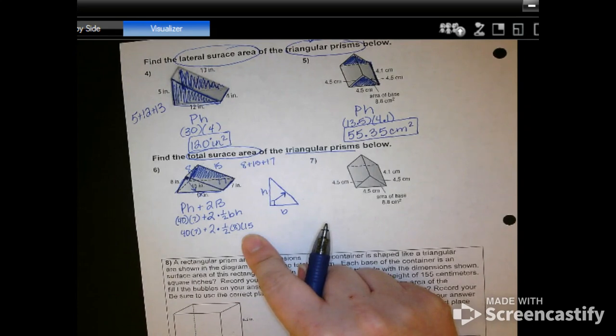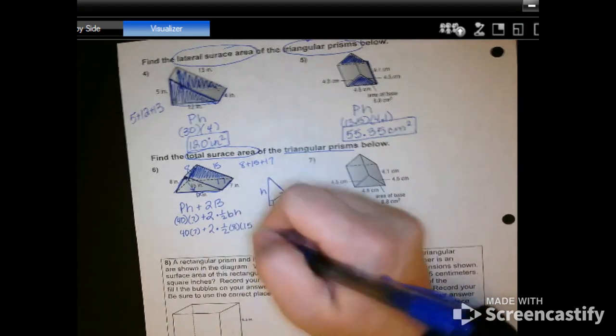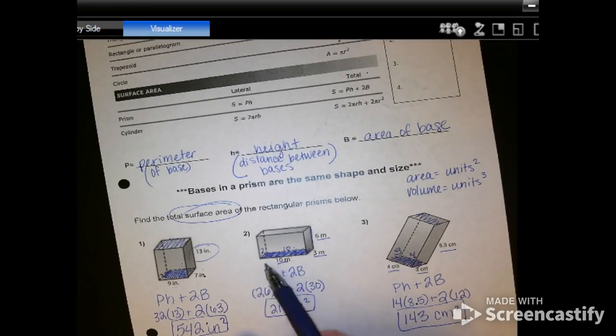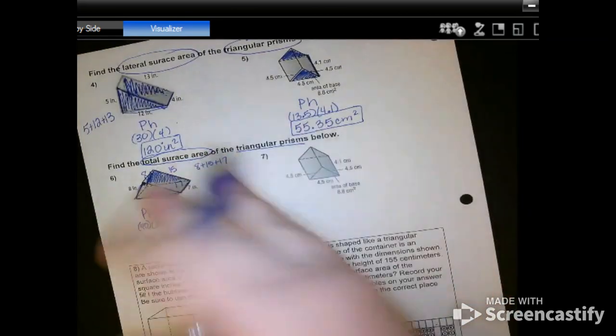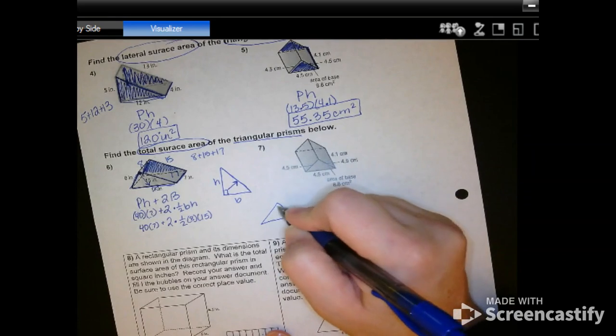It's just usually hard for them because they don't like from across the right angle. They get that wrong, or what? Like what's hard for them? It's just knowing that it's not as straightforward of a formula as over here. All we had to do for area of our base was base times height. Usually with any other triangle not in a prism, it's going to have some sort of height labeled there.